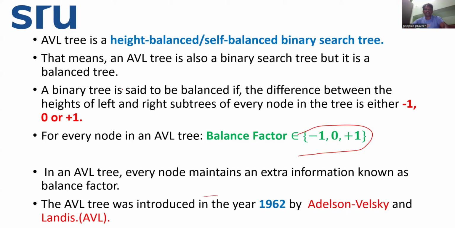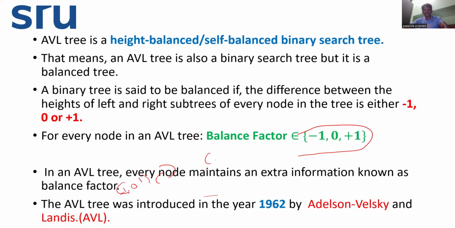In an AVL tree, every node maintains an extra piece of information known as the balance factor, which you see written here: -1, 0, 1.